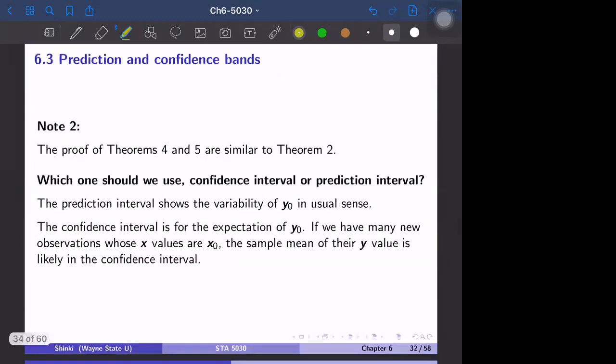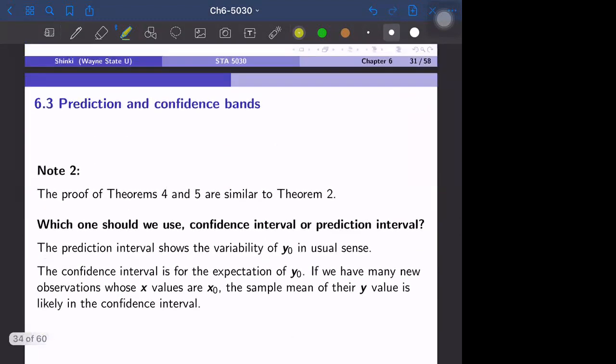One note: which one should we use, the confidence interval or the prediction interval? We have two similar things. The prediction interval shows the variability of y naught as an observation in the usual sense, so we can see how much variability a new observation has and predict that. The confidence interval is for the expectation of y naught.